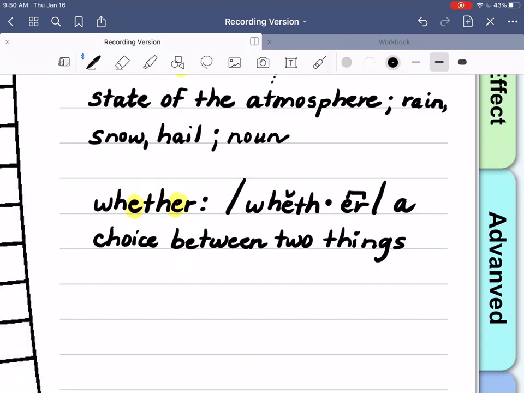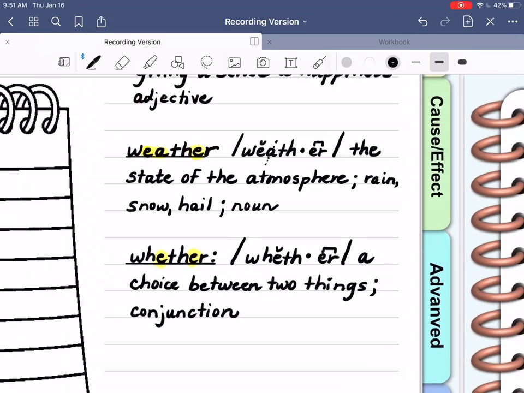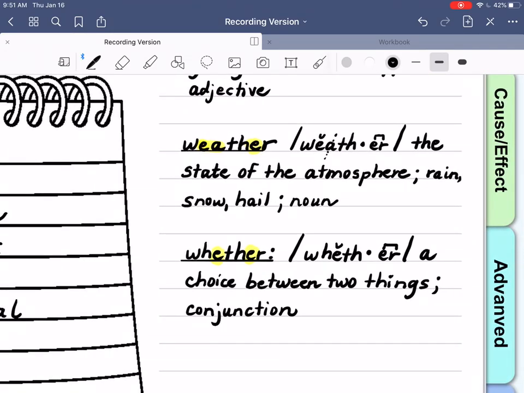He can go or he cannot go. Whether or not to drink tea, you have a choice if you want tea or if you don't want tea. So this word is a conjunction. It's a joining word. Conjunction. And this word is whether, not to be confused with weather.